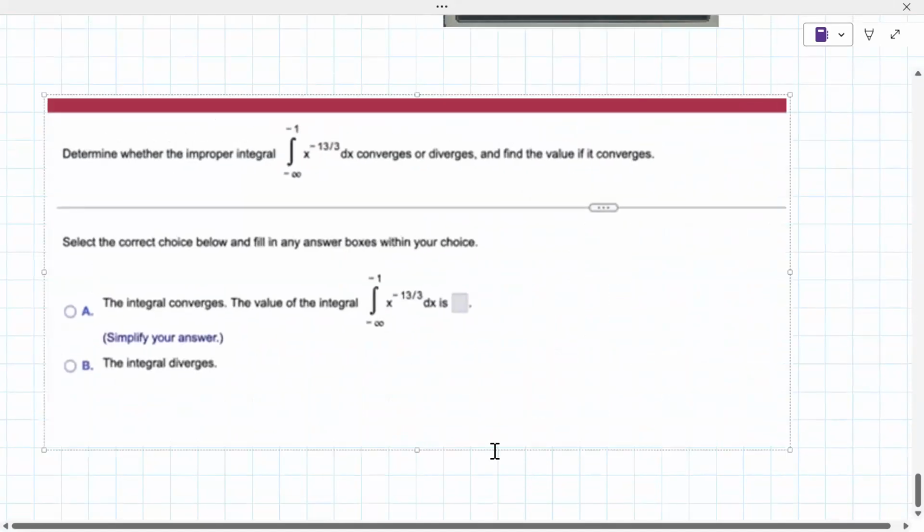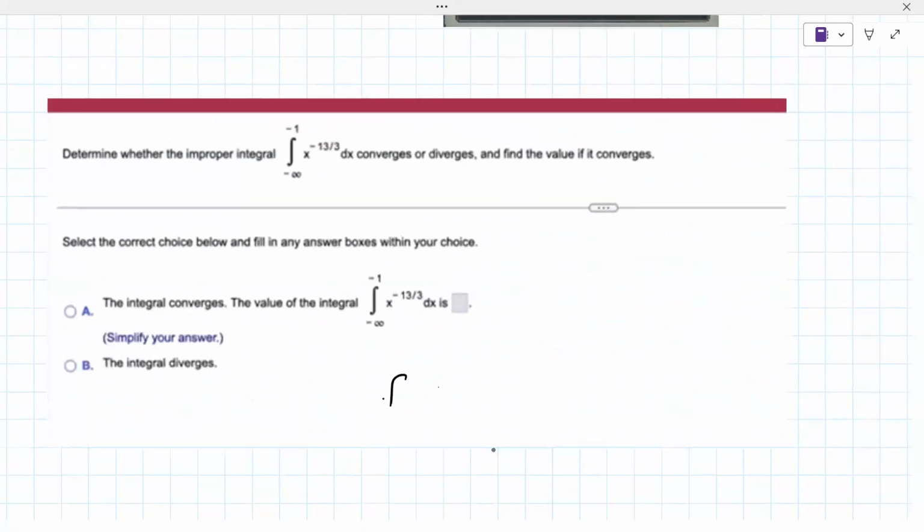All right, so next problem here, same thing. You're going to do an fnInt of x^(-13/3), comma x, comma -1,000, comma -1.